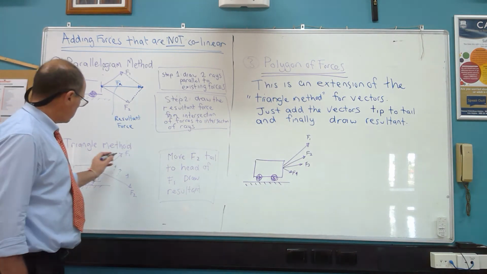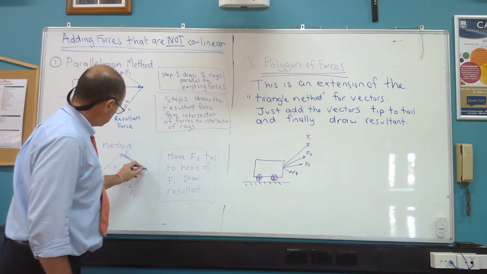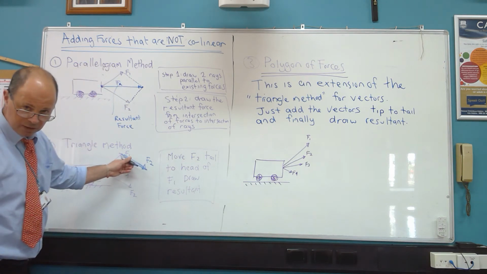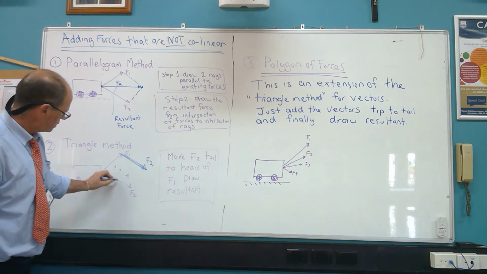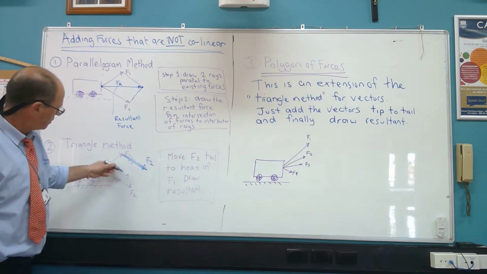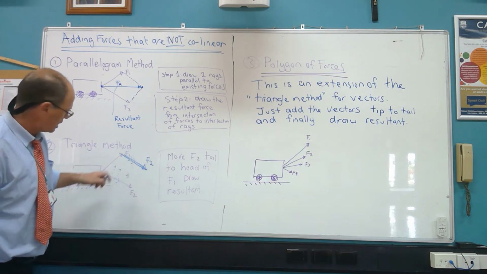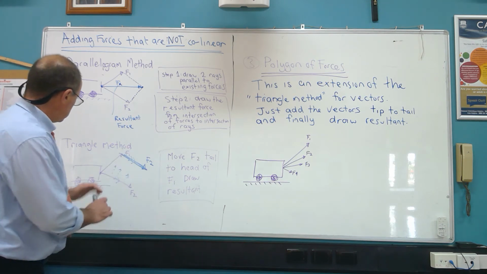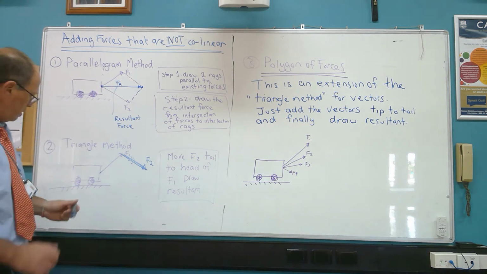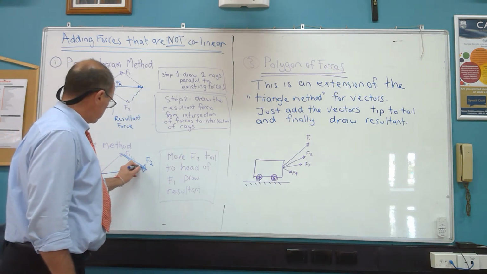So when we move that F2 arrow up here, now F2 is here, because I've shifted it up, same size, same angle. These two have to be parallel, because it's just F2, so all I've done is add it to the tip, to the head of F1. We can get rid of F2, and then the resultant, of course, is from here to the tip of this arrow.